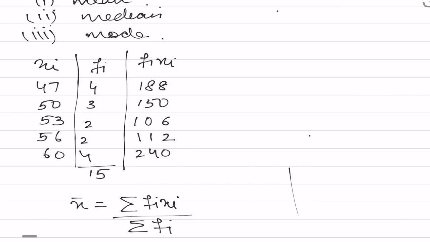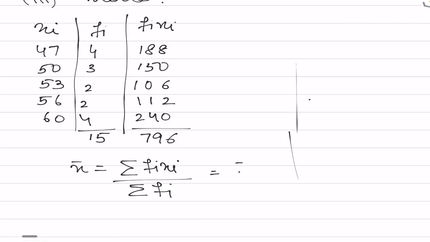The sum of the frequencies is 15, already given in the question. Adding the values of fi xi, we get 796 as the total. So 796 upon 15, when we divide, we get 53.06. So this is our mean.